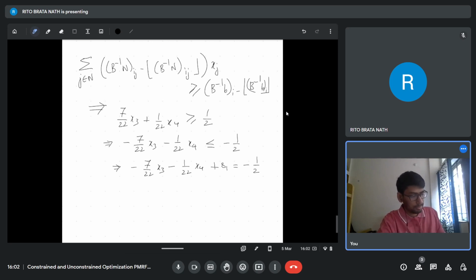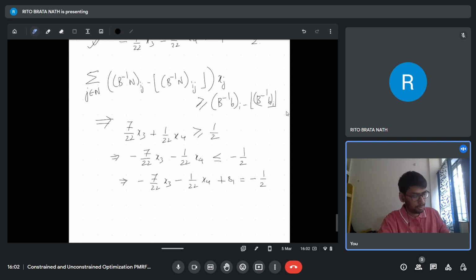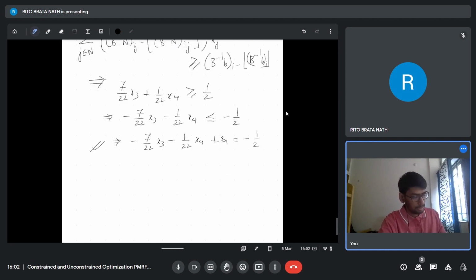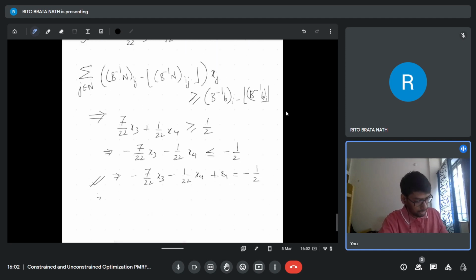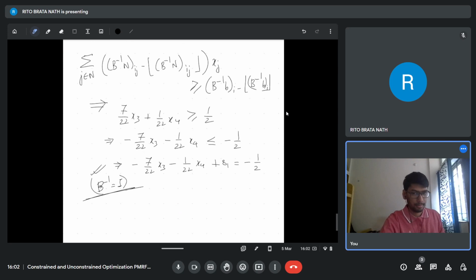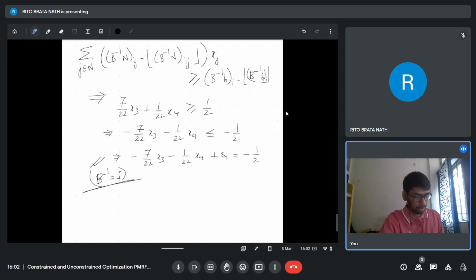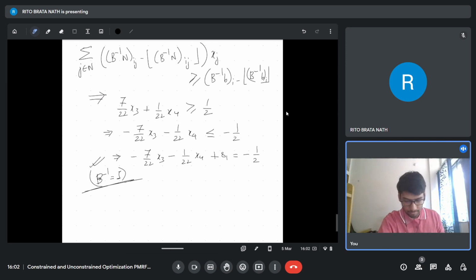This is the one that I got before, so this is exactly fine. The good thing is that B inverse is identity here once you transform it, and the N and j you can pick correspondingly. Okay, so that was all about this method.